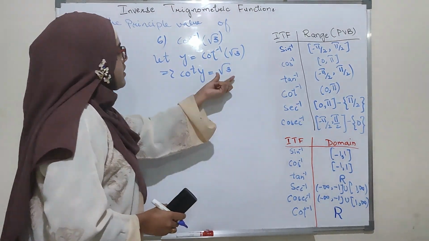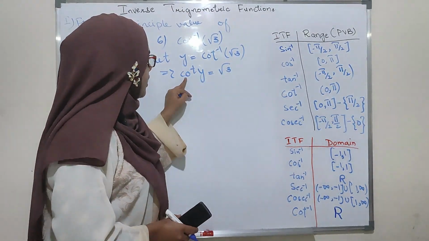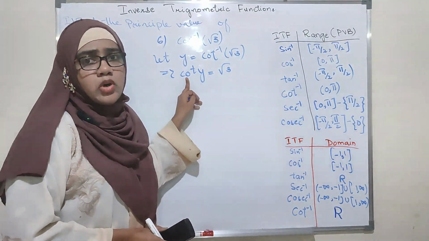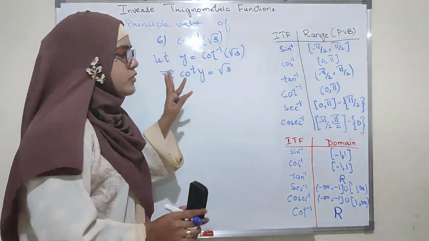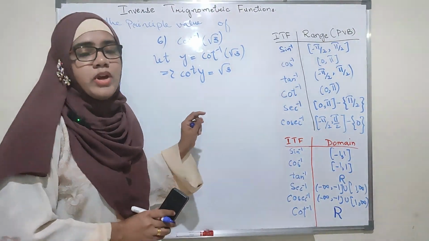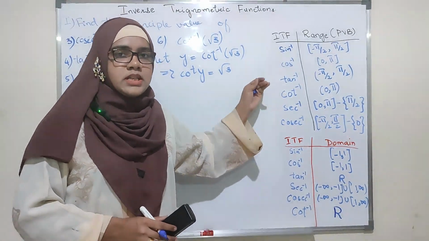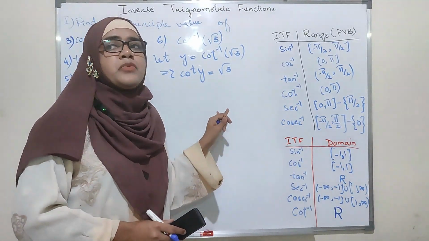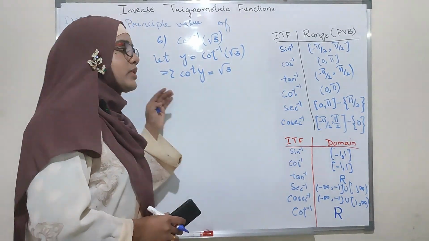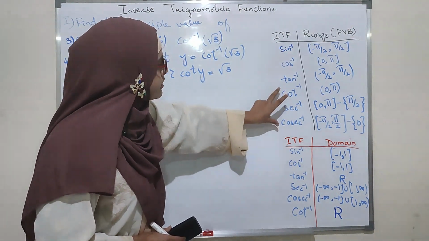So we have to write root 3 in terms of cot using the table value for cot. You know that cot is the reciprocal of tan, and if you know the values of sine, cos and tan, then the remaining three you can easily write, because cosec is the reciprocal of sine, sec is the reciprocal of cos, and cot is the reciprocal of tan.